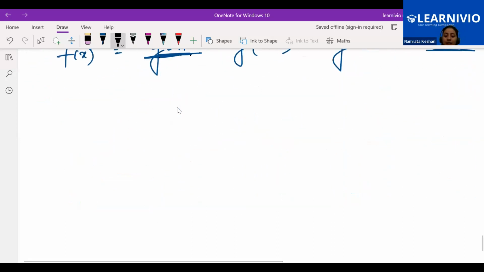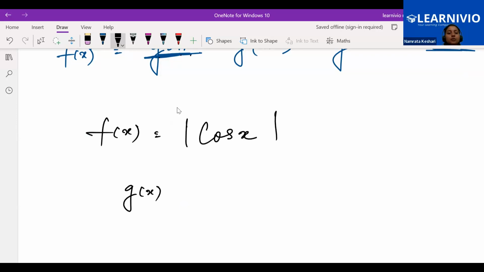Okay, similarly, we have the next question. I'm writing the function. You are going to tell me what to take as g(x) and what to take as h(x). Okay. Yes. If we have f of x equal to modulus of cos of x, what to take as g(x), Fatima, and what to take as h(x)?